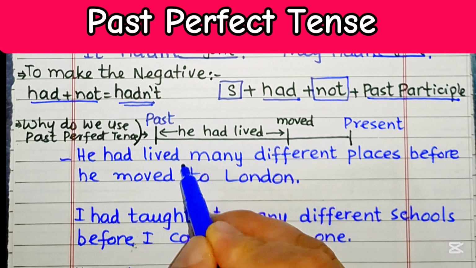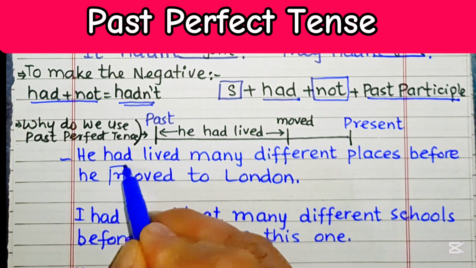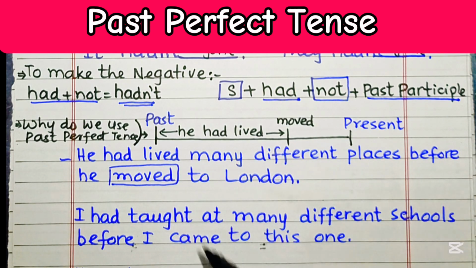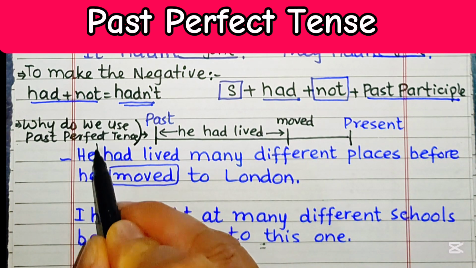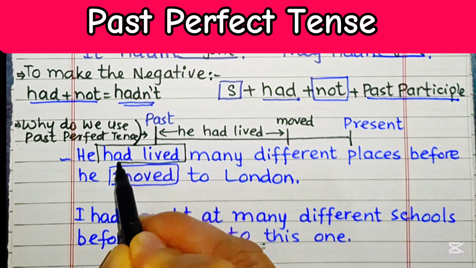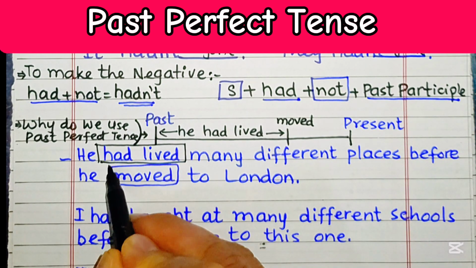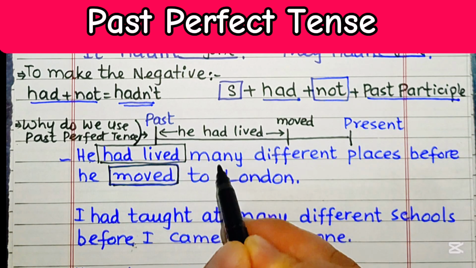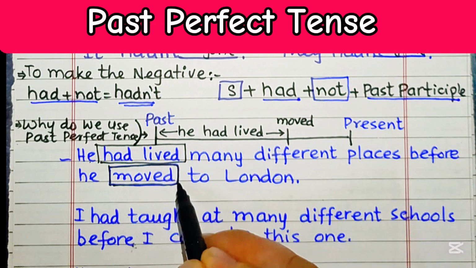If we take the word moved out of this sentence, he had lived is past perfect tense, and moved is the past form.